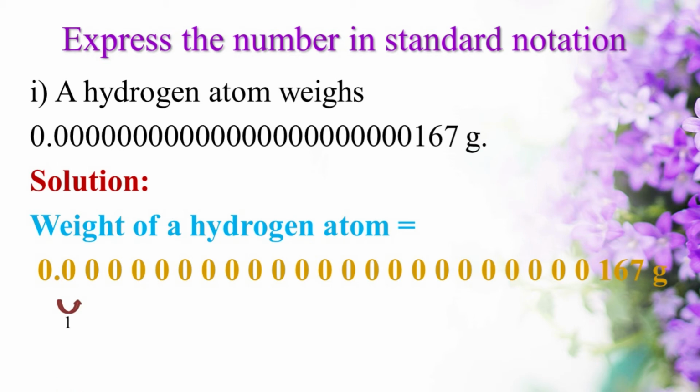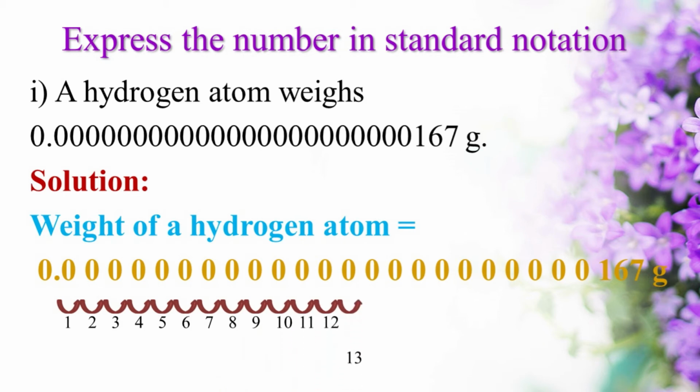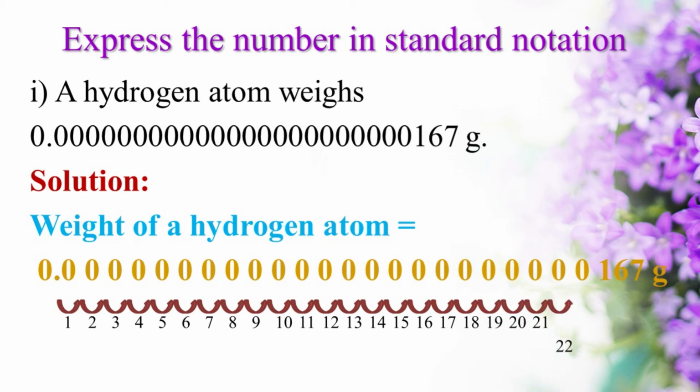First 1 step, 2, 3, 4, 5, 6, 7, 8, 9, 10, 11, 12, 13, 14, 15, 16, 17, 18, 19, 20, 21, 22, 23 and 24. We have moved 24 steps to reach the first number.